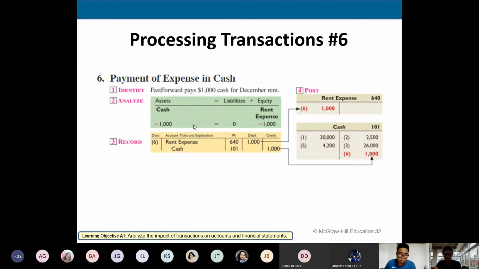Sir, ano po? Rent expense tapos po accounts payable. Ano ba? Sir? Tama. Tama naman, pero medyo nagkamali ka lang dun sa payable. Kasi, tignan mo ha, if you're going to analyze, makikita mo na dyan kung anong specific na account ang gagamitin mo, tama?